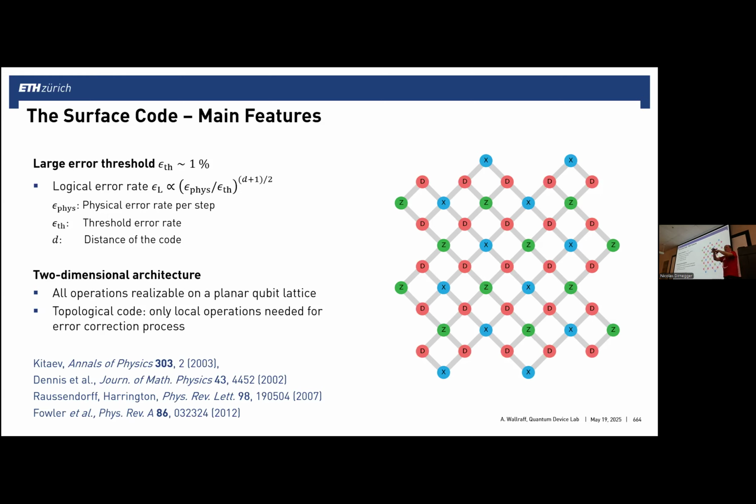So the nice thing with atoms is you can reconfigure the atom array. One of the things that it allows is you could bring an atom logical qubit near another atom logical qubit, and then you can do so-called transversal gates, in which the physical gate between pairs of physical qubits actually creates a logical gate between logical qubits, if you apply this physical gate between all pairs of physical qubits that are part of two different logical qubits.